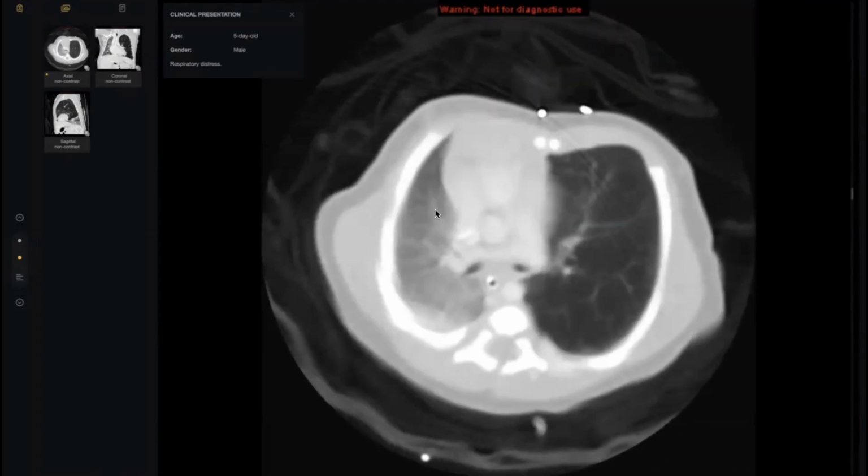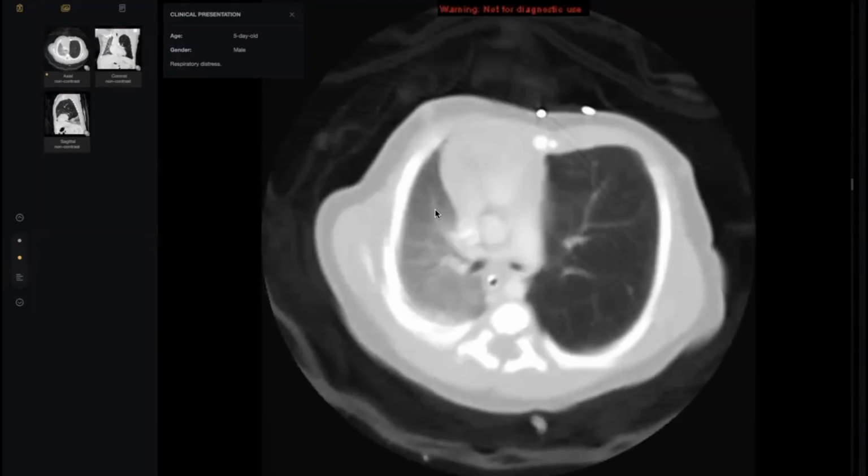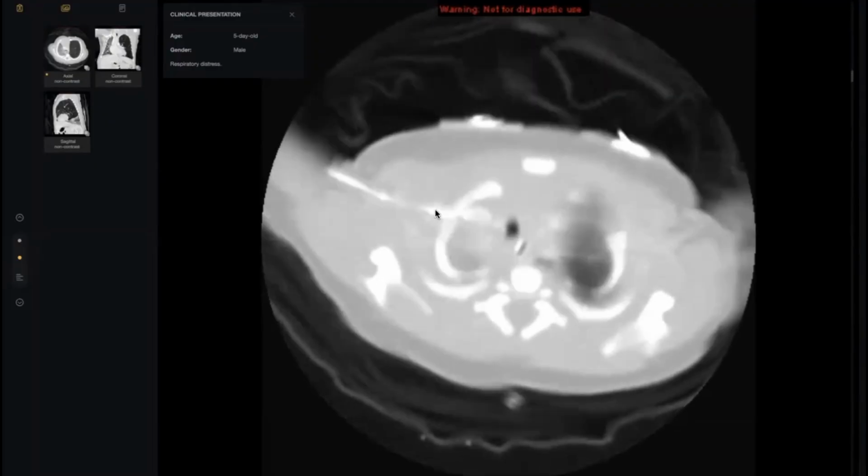So, doctor, this is left upper lobe congenital lobar emphysema. What will you do next? I will transfer to pediatric chest. Why? In these cases they almost remove this lobe because it causes dyspnea and respiratory problems. 1.5 minutes, the case is smashed.